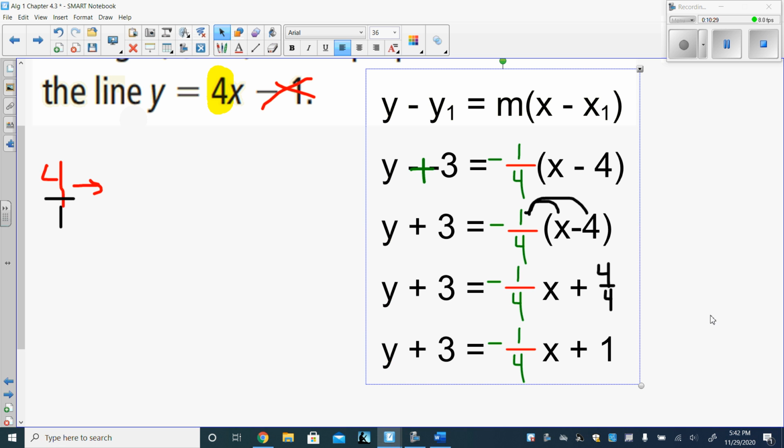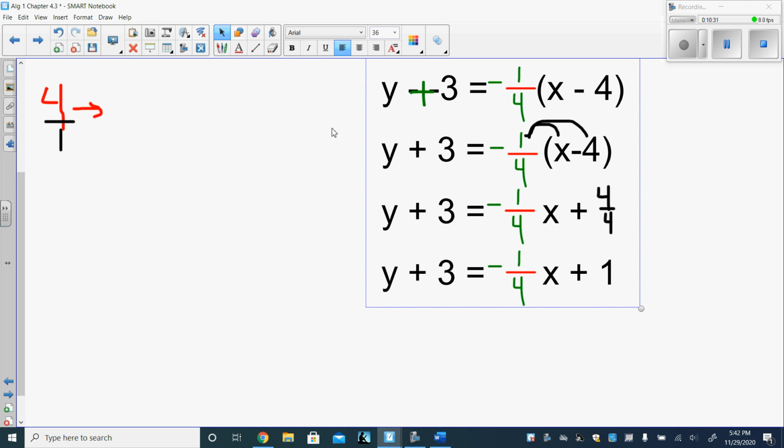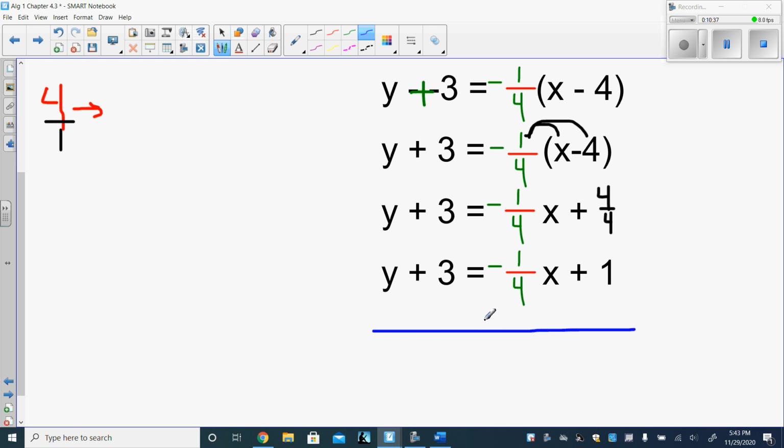And we get this here. Now we're almost done. We still need to get y by itself, and there's something with y, and that is our plus 3. So to finally get it in slope-intercept form, we need to subtract 3 from both sides of the equation.